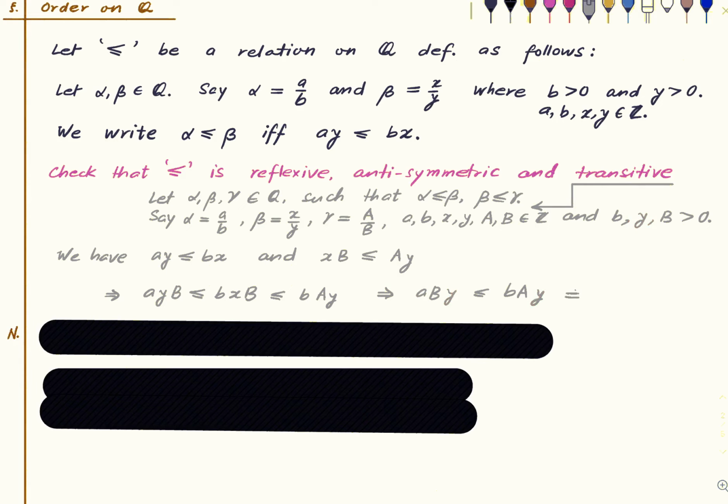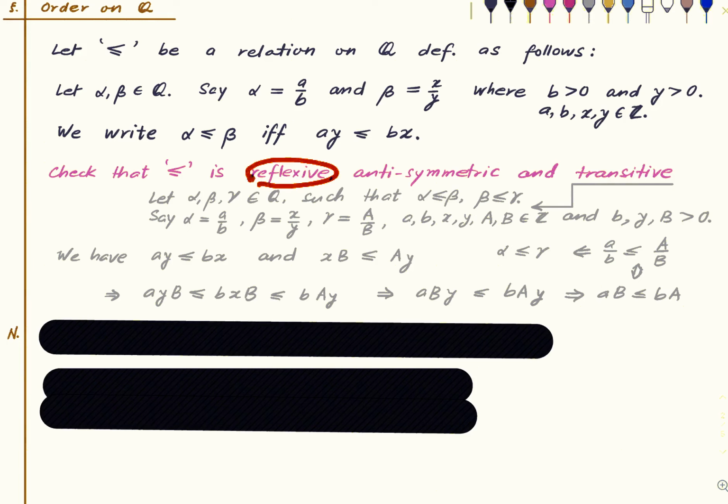So this implies AB is less than equal to BA, which is same as saying that A by B is less than equal to capital A by capital B, which is same as saying that alpha is less than equal to gamma. So it's nothing. It's just some basic high school arithmetic.